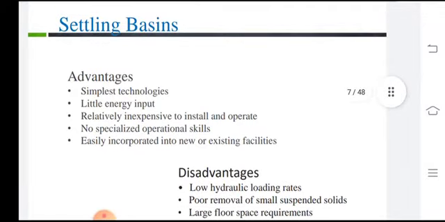So settling basins are normally the best option for us for the treatment of wastewater, because the majority of the wastewater components can simply be removed under their own load, and these coarse particles can settle down due to their density.